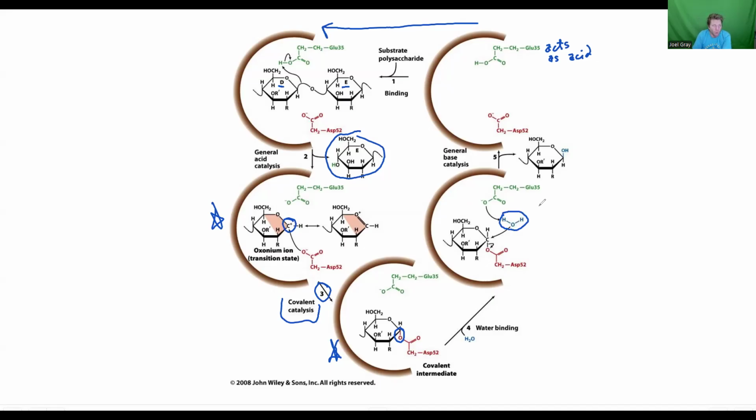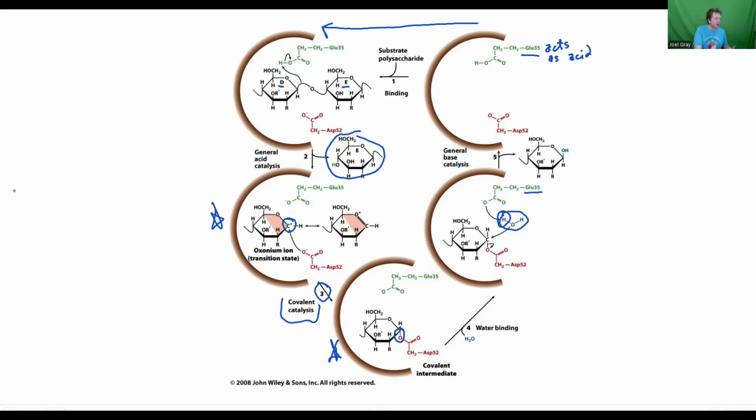We have water acting as an acid and glutamic acid or glutamate acting as a base, picking up that proton from our water. That gets glutamic acid back to where it needs to be, and it gets aspartate back to where it needs to be, aspartic acid or aspartate 52. So water is a critical part of this enzyme regenerating itself.